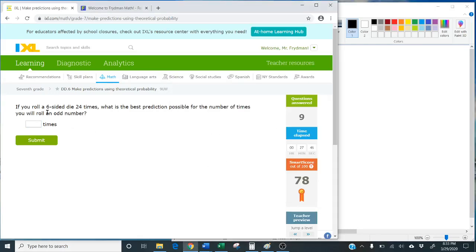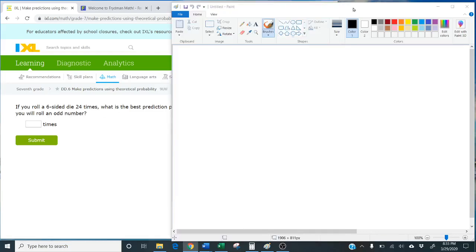If you roll a 6-sided die 24 times, what is the best prediction possible for the number of times you will roll an odd number? An odd number is a number that is not divisible by 2.